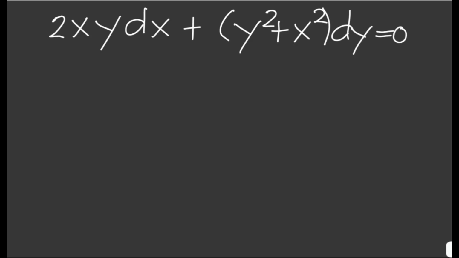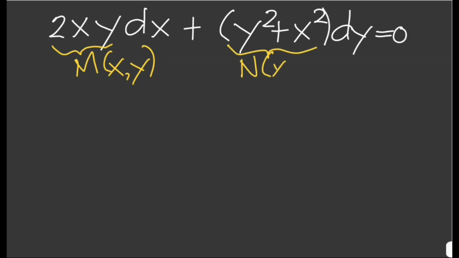Let's say we're given this problem: 2xy dx plus (y squared plus x squared) dy equals 0. So let's solve this differential equation. Take note of the first order differential equation form. So this one is our M, function M of x, y, and this one is function N of x, y.